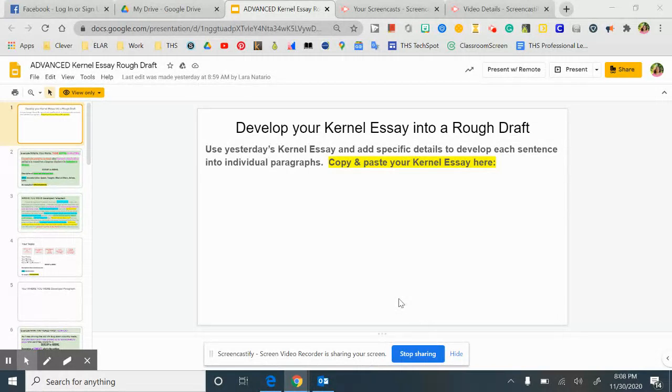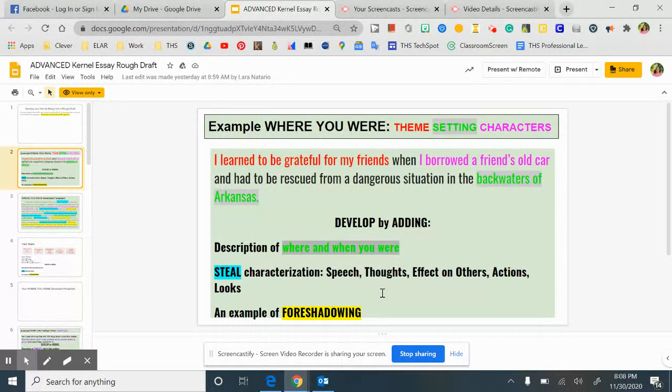Okay, so this first slide, you are just copying and pasting your kernel essay from yesterday here. Slide number 2 really shows us the theme, setting, and character information that was added into the first example sentence for our kernel essay text structure.